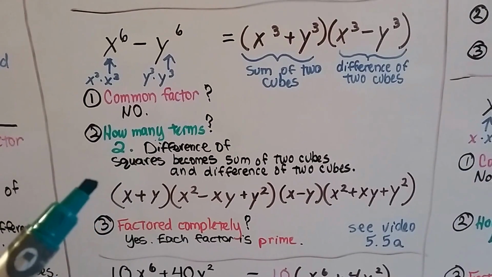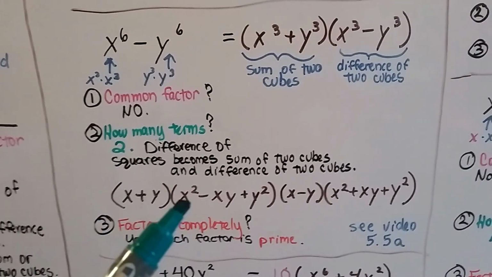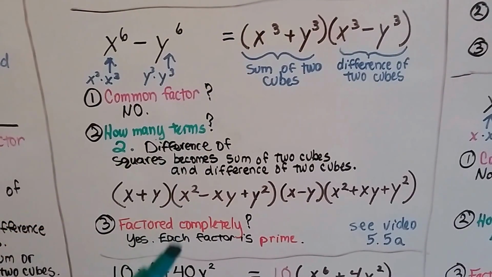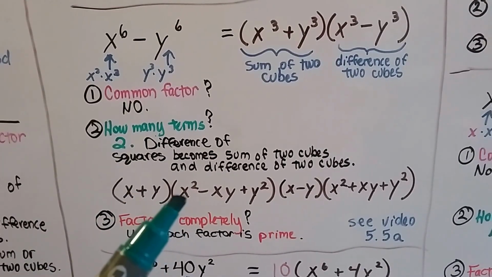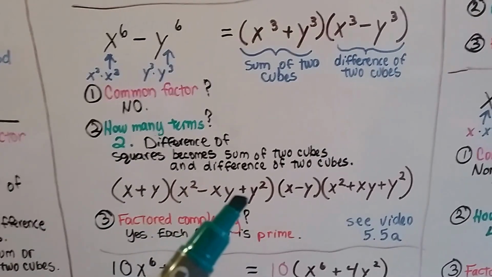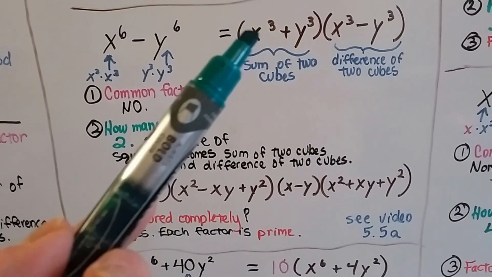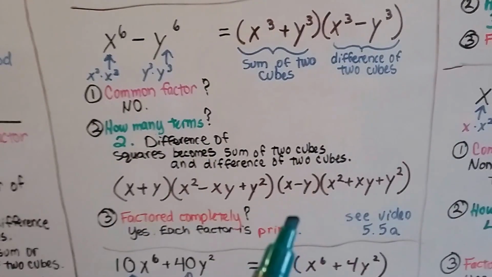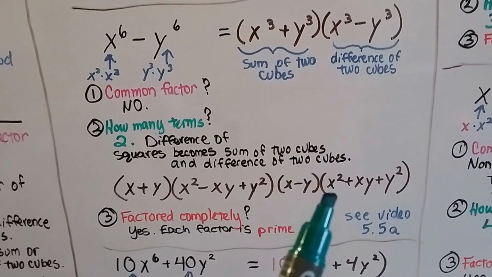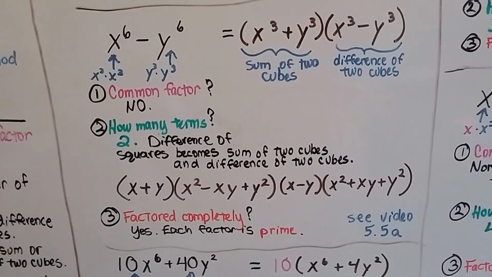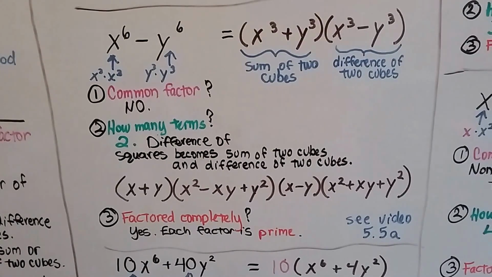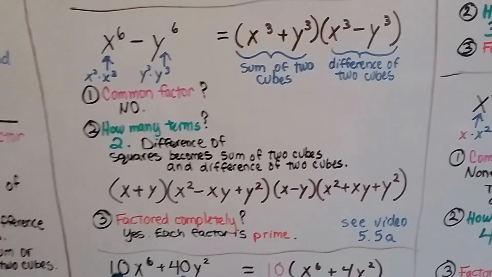We can factor this out as 1x times an x squared to get that x to the third, can't we? So we have x plus y and x squared minus xy plus y squared for this sum of 2 cubes. And for the difference of 2 cubes, we get x minus y times x squared plus xy plus y squared. Each is factored completely. Each factor is prime.